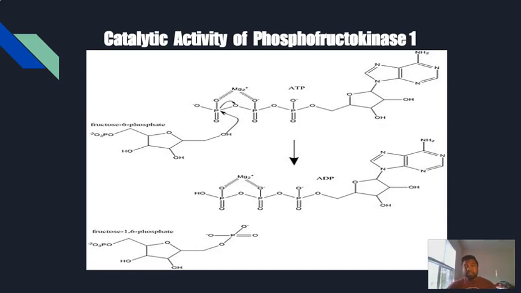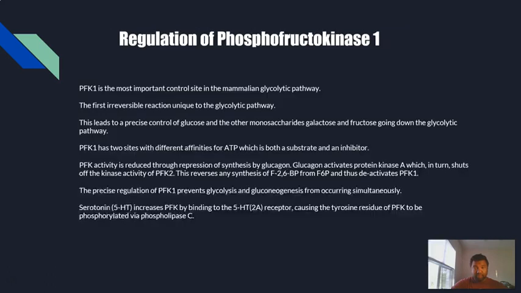Here in the figure, we can see the catalytic activity: fructose 6-phosphate reacts with ATP, and the ATP is converted to ADP, resulting in the formation of fructose 1,6-bisphosphate.